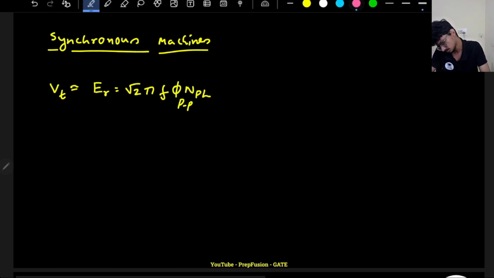Okay, so now from here what can I identify? I can identify that the flux, again same equation, flux per pole is proportional to V by F. So basically it means if I increase the flux per pole, voltage also will increase.